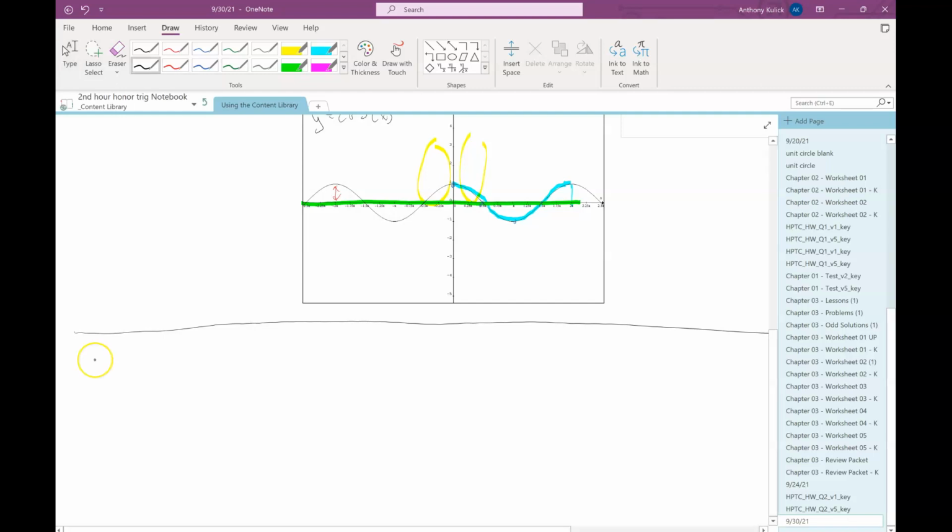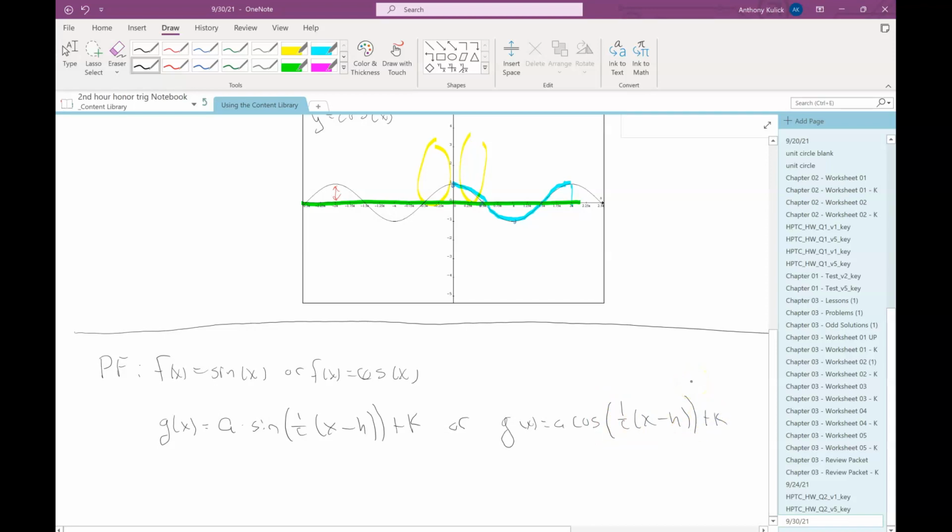So in general, if our parent function is y equals sine or y equals cosine, our transformed function, and I guess we should call these f of x's, is going to be these, which is just the same thing as the general transform function we gave you at the beginning, except here instead of being a general f of x, we're specifically talking either about sine or cosine, right?